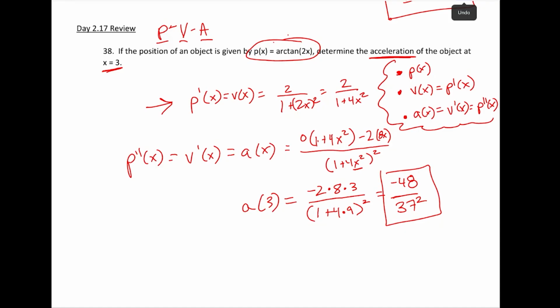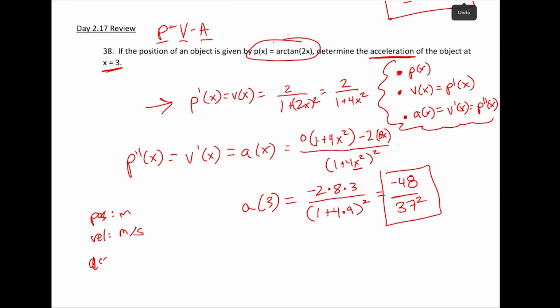Normally, on a question like this, you'd be asked to give the units, but there were no units given in this problem, so it's not like you can just guess. But usually with these position, velocity, acceleration problems, the position is typically given in meters. It's some distance. The velocity is usually a distance per time, usually meters per second.